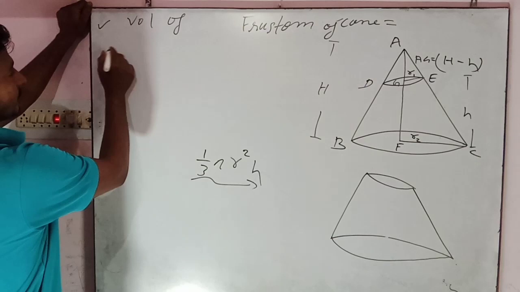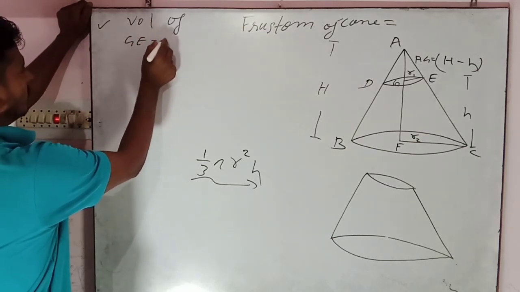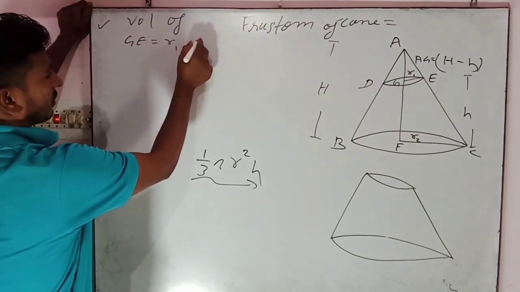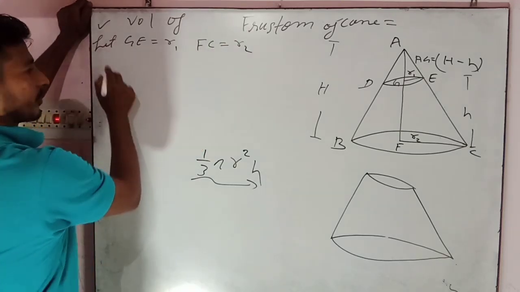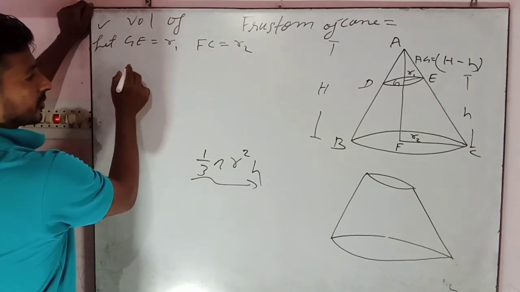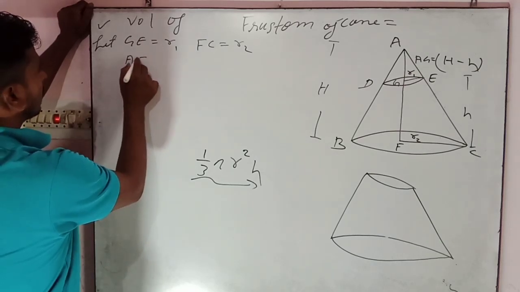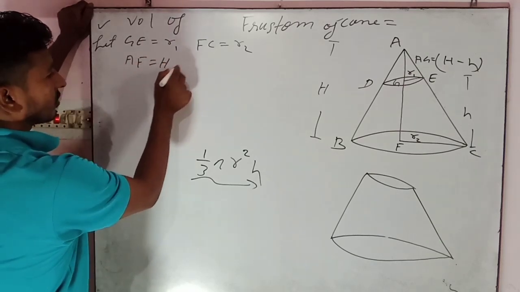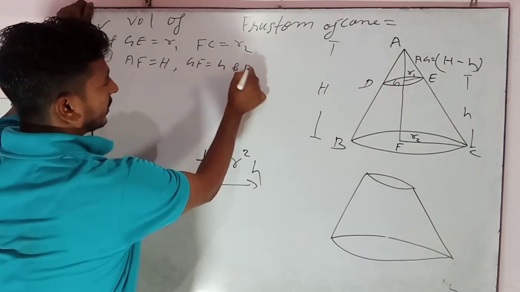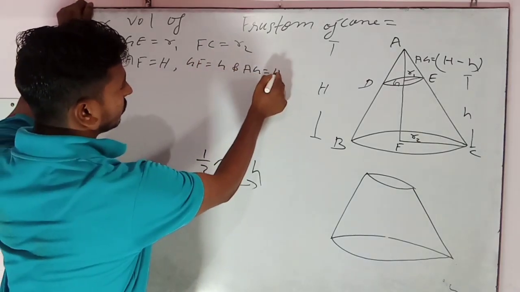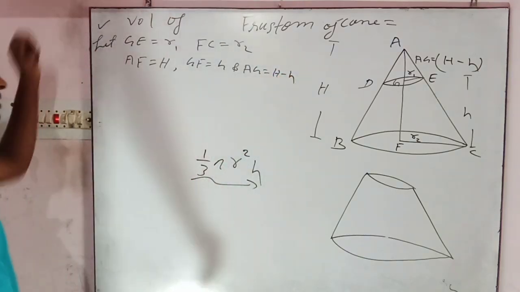So we can write here GE is equal to R1, FC is equal to R2, let, and then AF is equal to capital H, GF is equal to small h, and AG is equal to capital H minus small h.